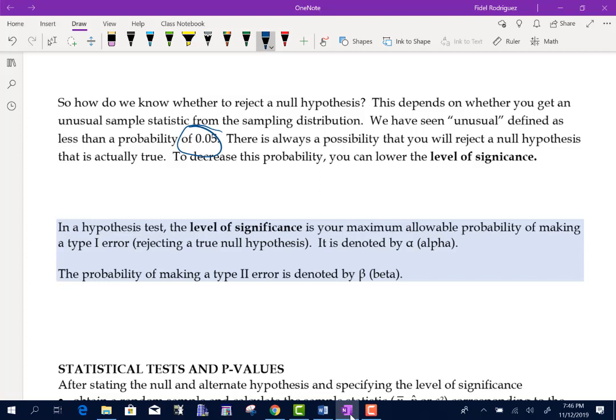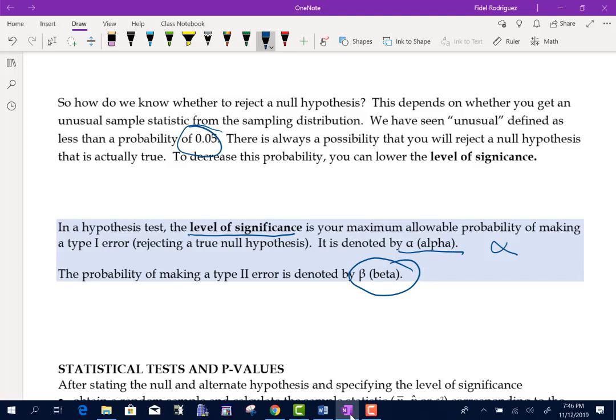To decrease this, we can lower the level of significance. The level of significance is your maximum allowed probability of making a type 1 error. We call this alpha, and it's a little a that looks kind of like that. The probability of making a type 2 error is denoted by beta, the Greek letter kind of like a B, and that's what it looks like right there.